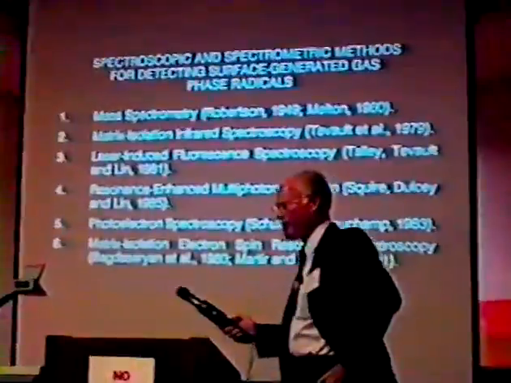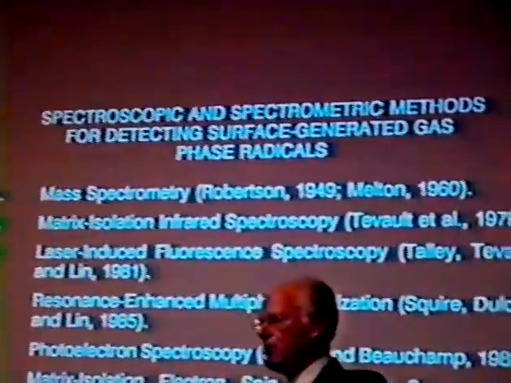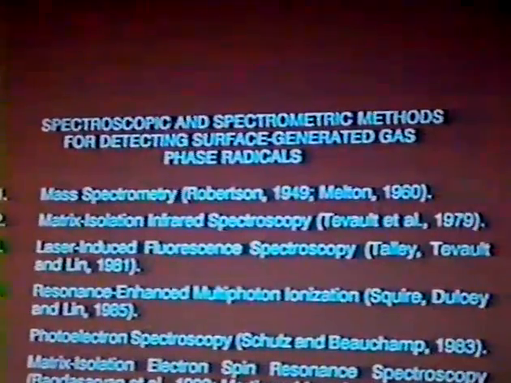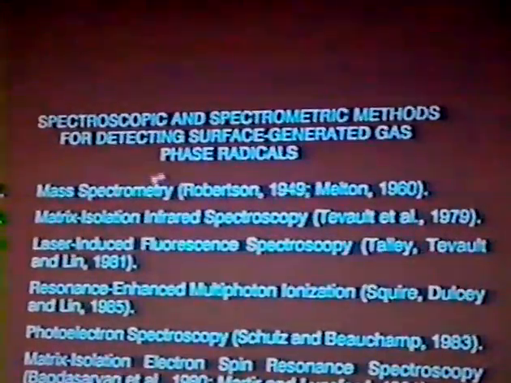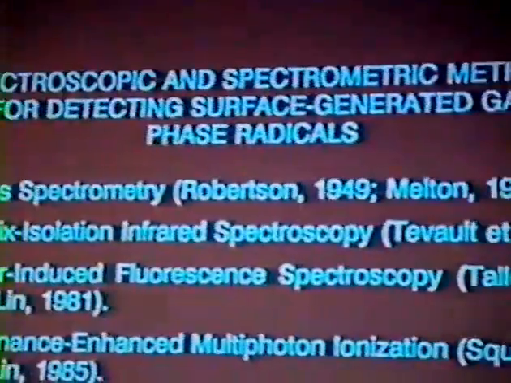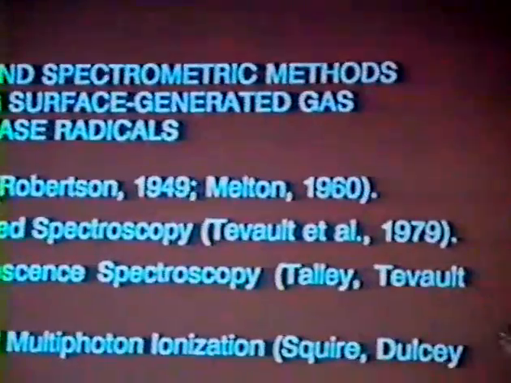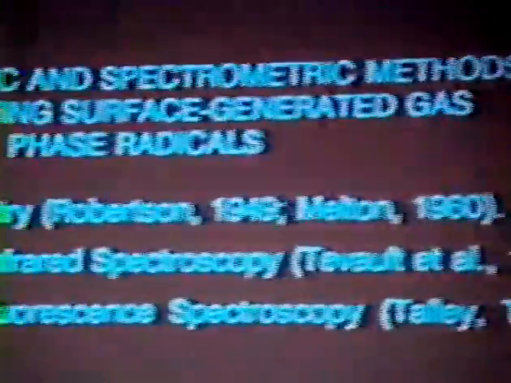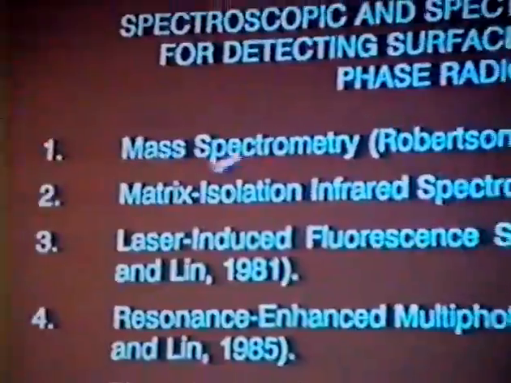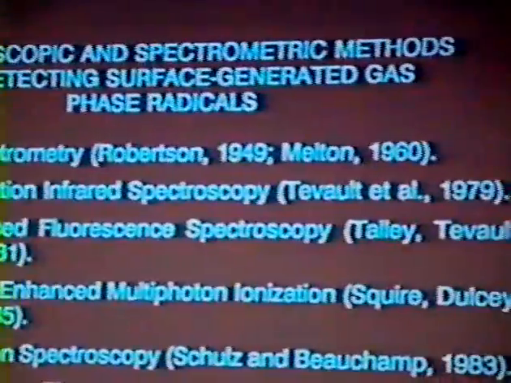Since this early work of Langmuir, a number of spectroscopic and spectrometric techniques have been used to study these radicals which emanate from surfaces of catalytic interest. I've listed six of these here, one of which is mass spectrometry. Matrix isolation infrared spectroscopy can be used.